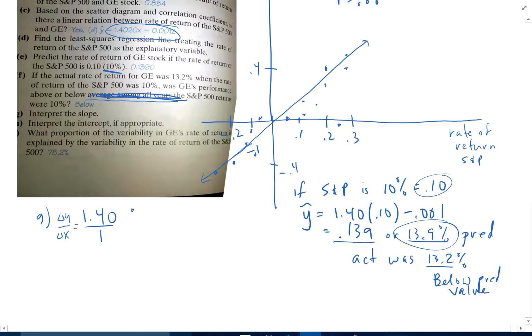So that would be percent rate of return of GE stock over rate of return of S&P. So, on average, for each increase of 1%.